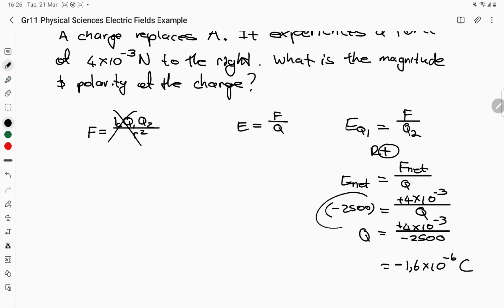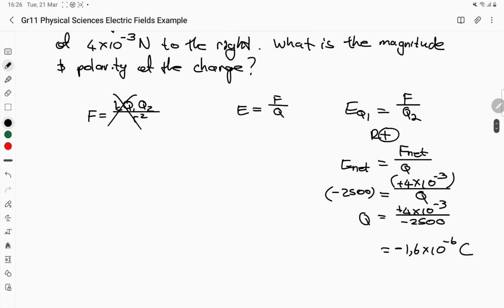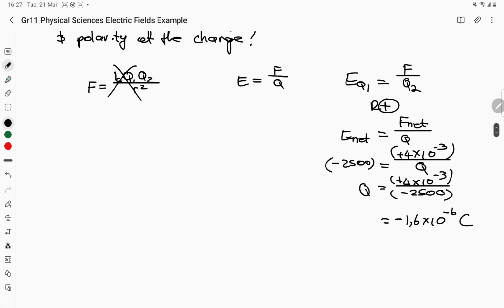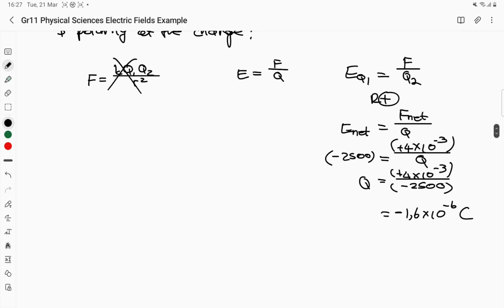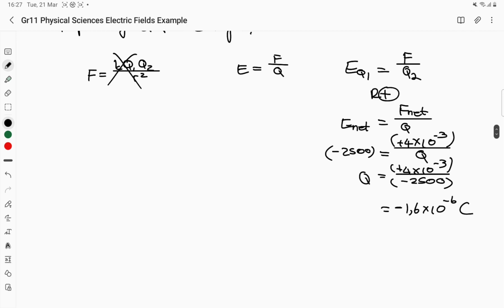We said right is positive, so our E net will be negative 2,500, and our F net is to the right, and our Q is at the denominator, so I just shift it across, use some algebra. So Q is equal to this value divided by that value, and we get a negative 1.6 times 10 to the negative 6 coulombs, which makes sense because it's being pushed to the right.